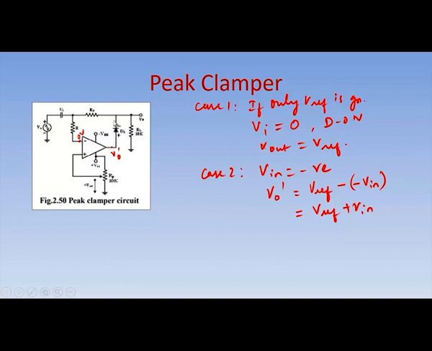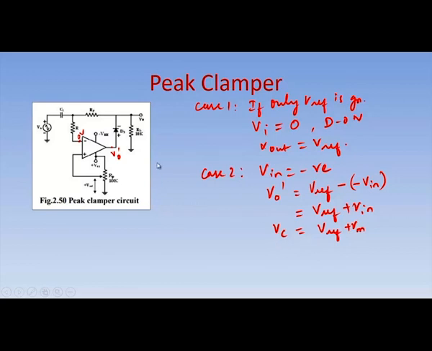So, this diode will be conducting, and we are also giving a negative input to the negative terminal of the operational amplifier. So, through the diode the capacitor will charge towards the maximum peak of the input signal, and so the capacitor voltage Vc will be given as V reference plus Vm. This is the maximum voltage the capacitor can charge.